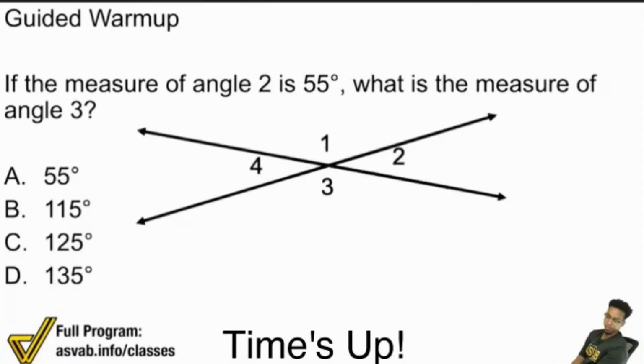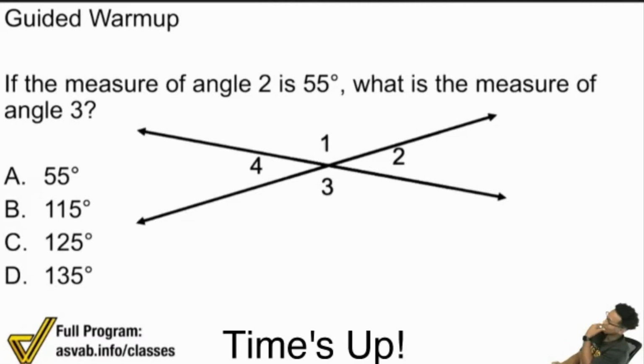So here, everybody, what are we looking for? Name it. We're looking for angle 3. So Israel, I want you to go ahead, take over real quick. What's your opinion on what we should be doing to find angle 3? All right.